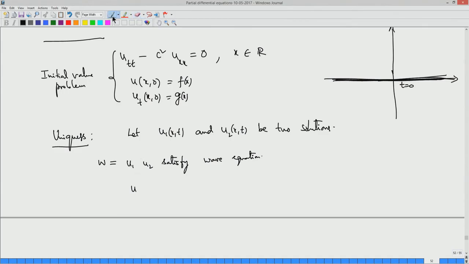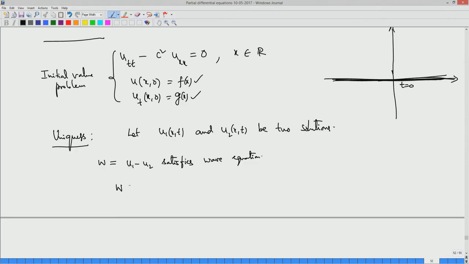This also satisfies the wave equation, clearly, because it is a linear equation. And because u1 and u2 satisfy this initial data, w also satisfies it.